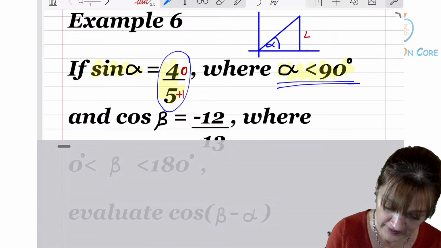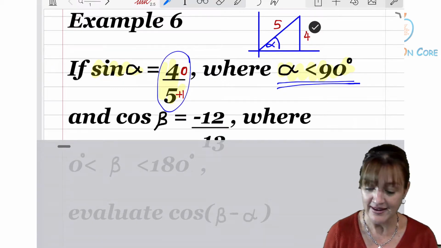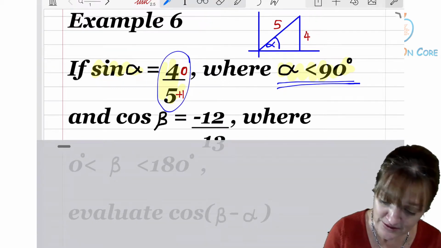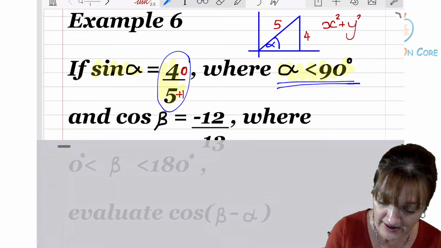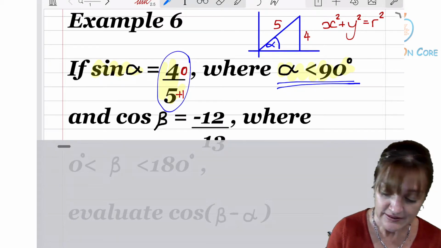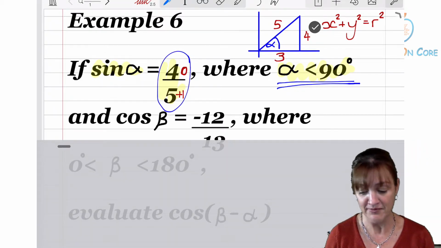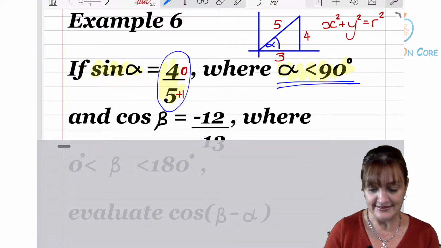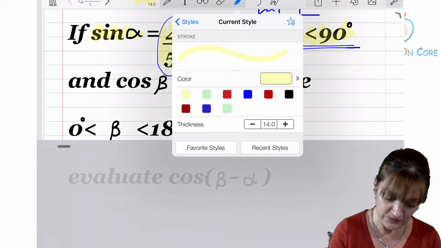So 4 is my opposite side, 5 is my hypotenuse side, and by using Pythagoras, which is your x squared plus y squared equals r squared, you remember that? You're going to find your missing side being 3, okay? All right, so we've got this little diagram for the first part of it. Now let's have a look at what the second one was saying.